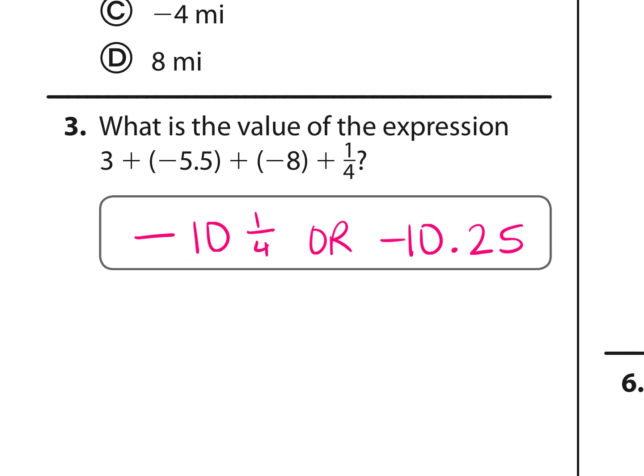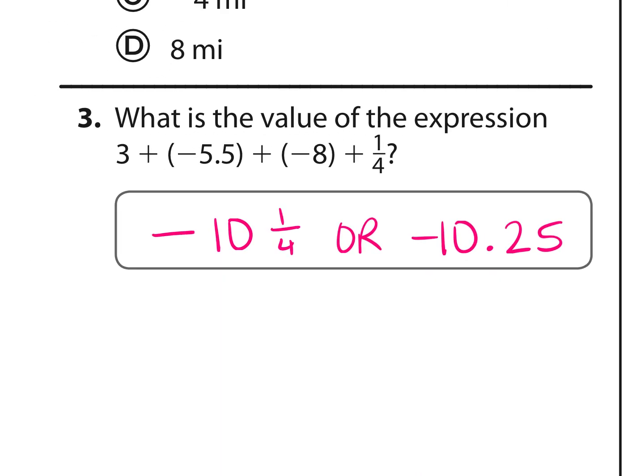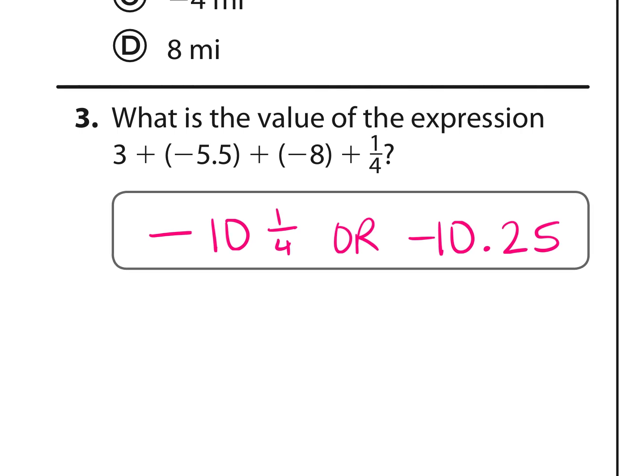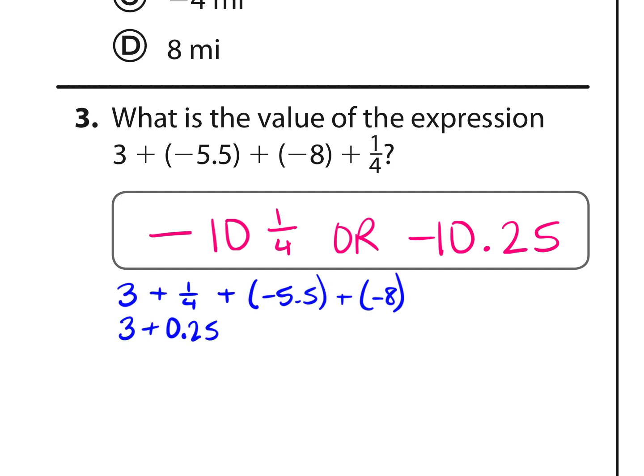Number 3, what's the value of this expression? We could regroup and say 3 plus 1/4. I'm just getting my positives together and my negatives together. Plus negative 5.5 plus negative 8. Just so that I can work with these, I'd prefer to work with decimals and say, okay, 3 plus 0.25.